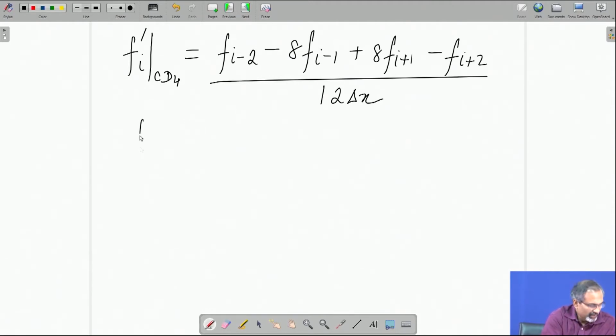So, now like we discussed earlier, we need to have representations for all these functional values at the different grid points. So, let us try to do that.